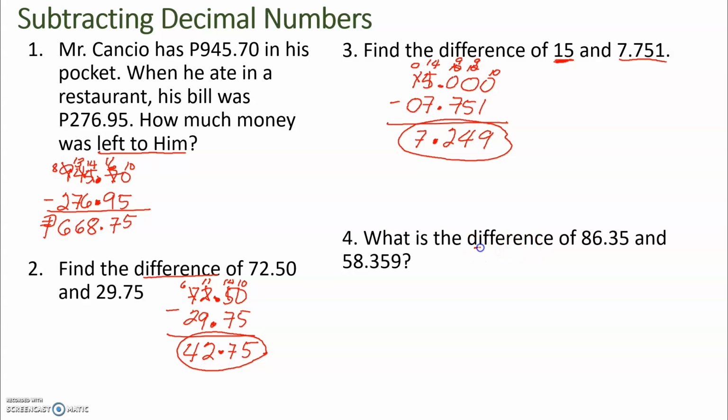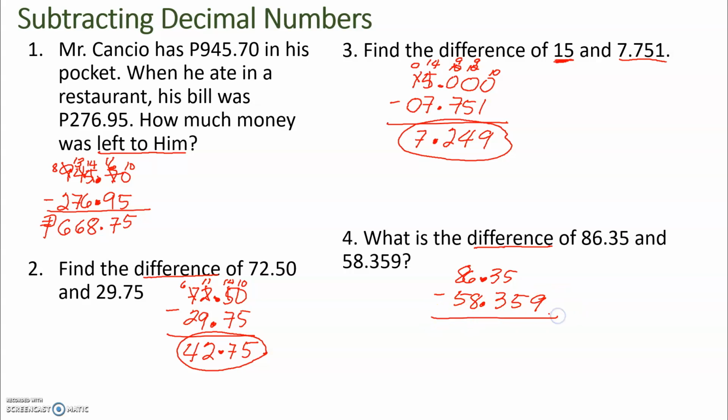Difference. So, meaning we have to subtract again. So, 86 and 35 hundredths minus 58. Again, the alignment of the decimal is very important. 3, 5, 9.